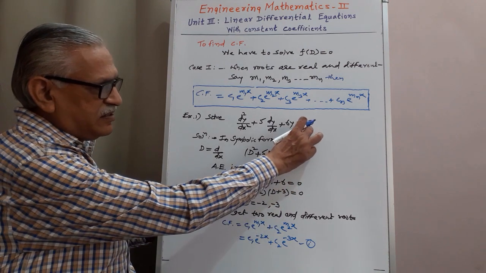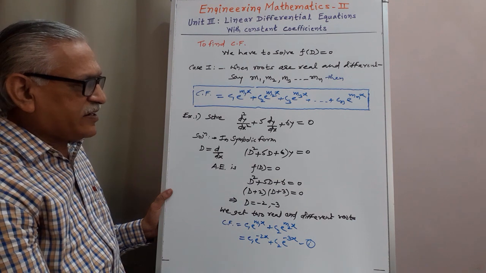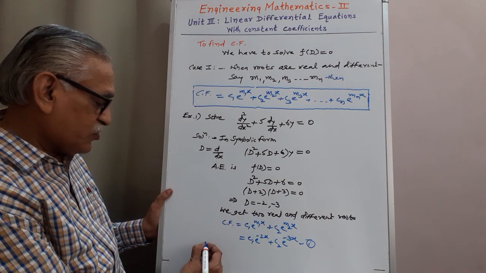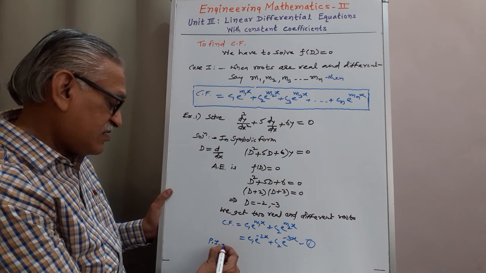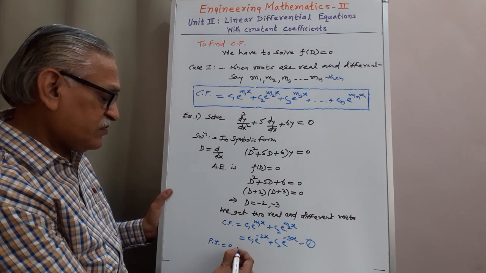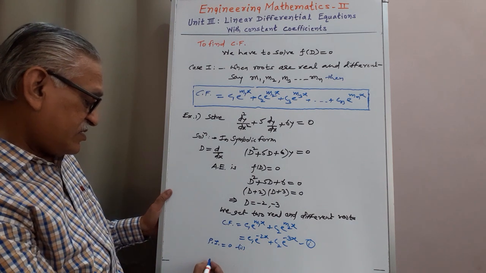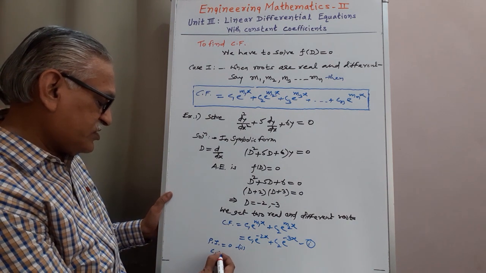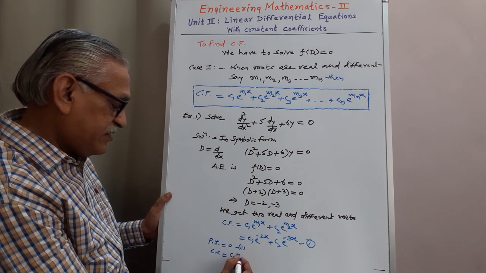And as there is no term on the right hand side, PI is 0. Particular integral is 0. Then complete solution CS is equal to CF plus PI.